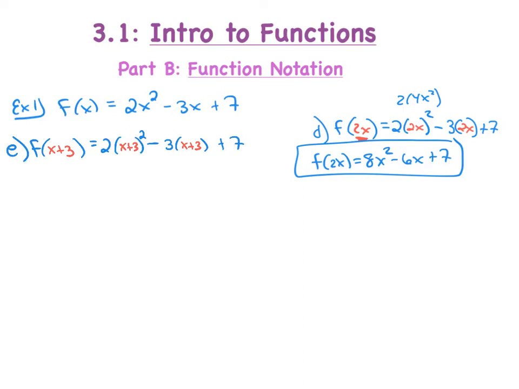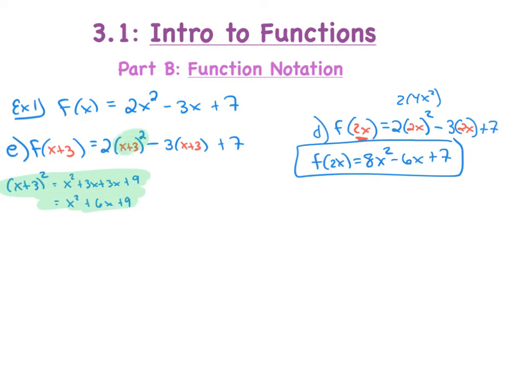So on the side, x plus 3 quantity squared is going to be x squared plus 3x plus 3x plus 9, or x squared plus 6x plus 9. So that will tell me what this is.